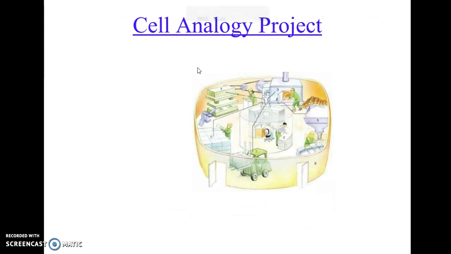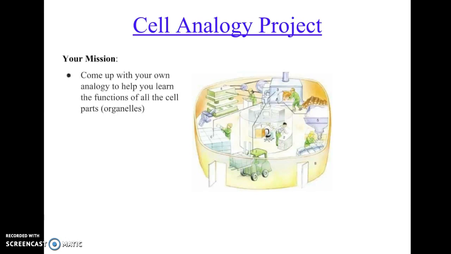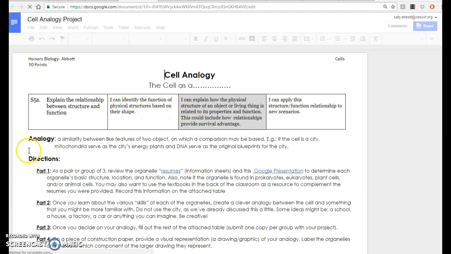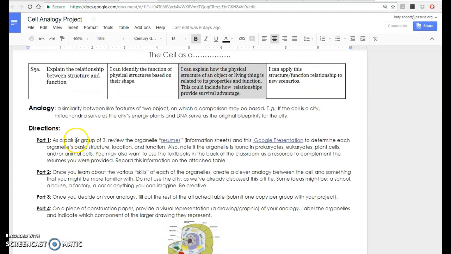But also what I was planning to do today was the Cell Analogy Project, where your mission is going to be to come up with your own analogy to help you learn the functions of all the cell parts or organelles. So if you click on this link, which I'll put in Schoology, you are going to get in a group of a pair or a group of 3 and review the organelles. I have some resumes here and a Google presentation.